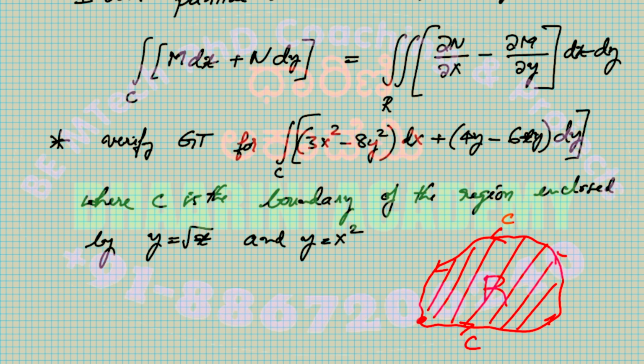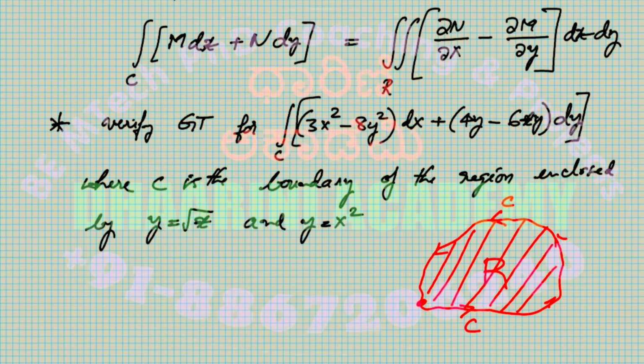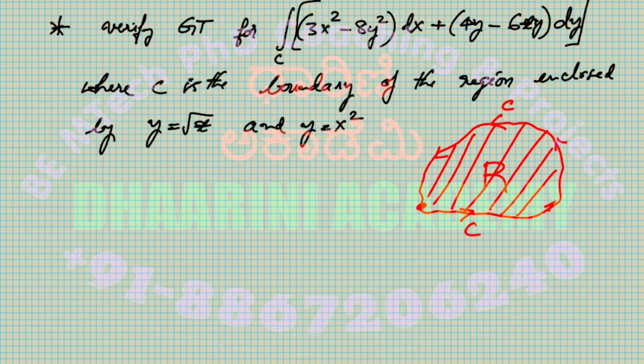given curve, right? So whenever equations are given like this to verify the Green's theorem, first let us try to identify what region they are talking about. Because if I try to find out a region, I can also try to find out the curve associated with that. Correct? So let's see. What is y equal to root x and y equal to x square?